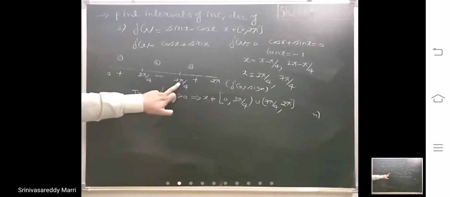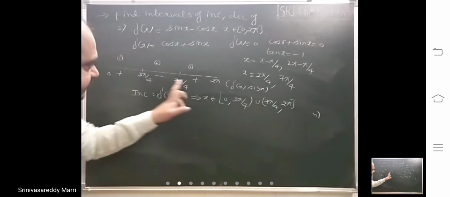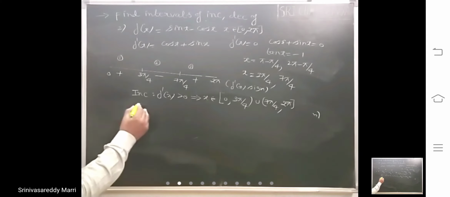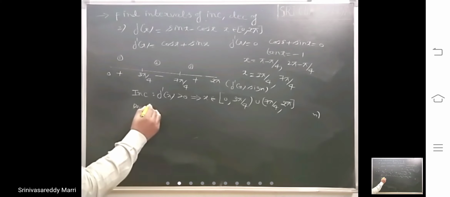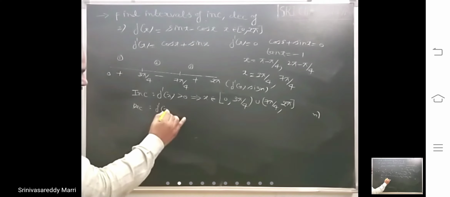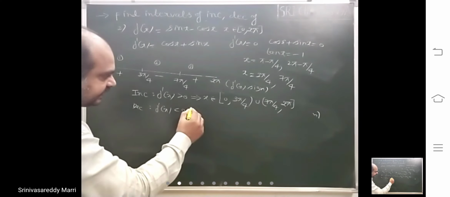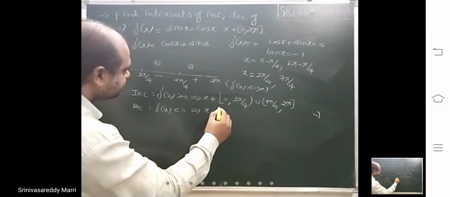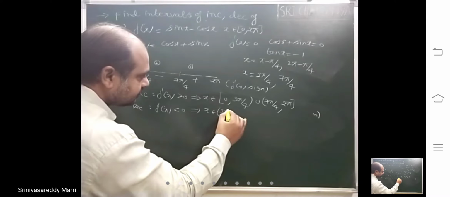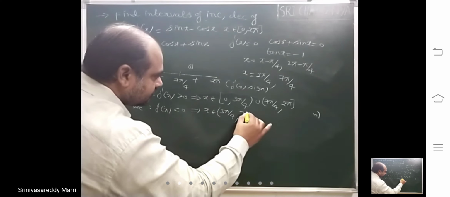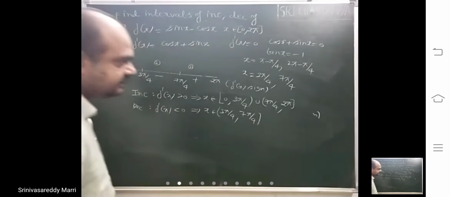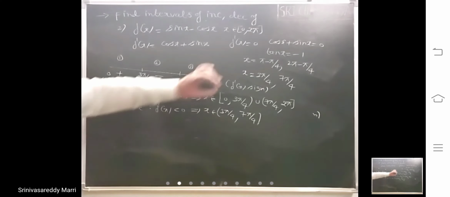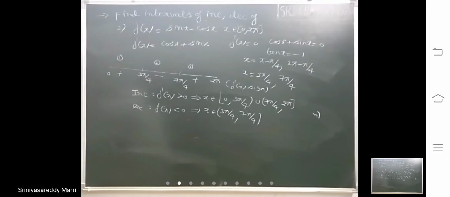Just these numbers you include in the open interval, because at that points derivative will be 0, remaining points derivative will be positive. Decreasing means f dash x less than 0. Less than 0 means this is the one. Like that. Just here trigonometric equation you got. You have to find solution.